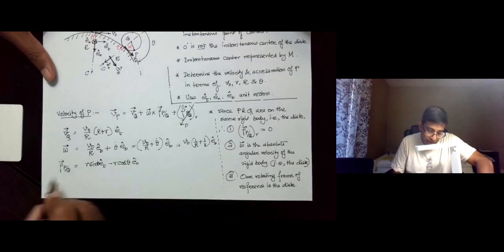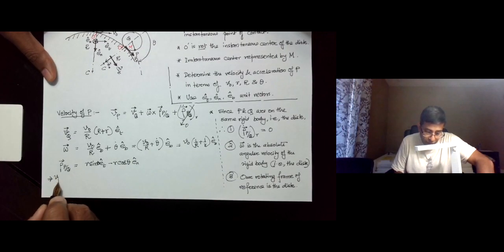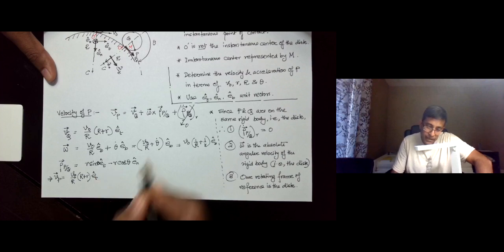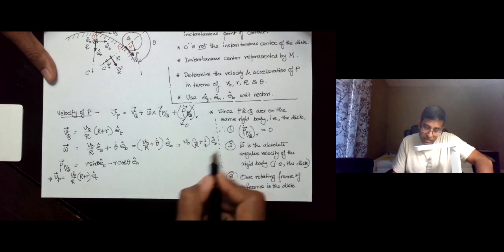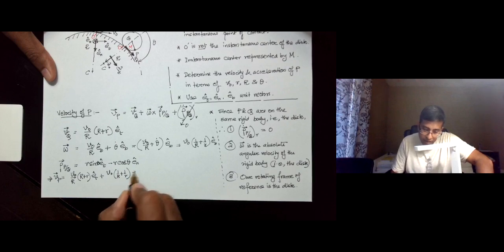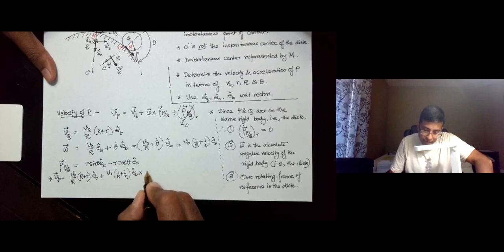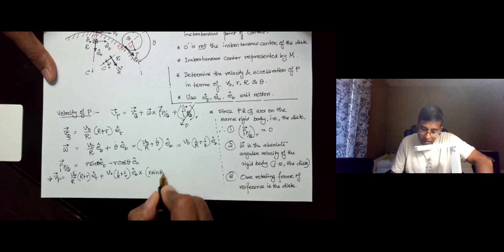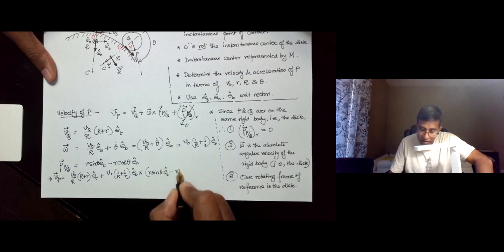So now we can just plug in and say that Vp is equal to Vq, so V naught divided by capital R times capital R plus small r et, plus omega, which is this term, cross this, so plus V naught times 1 over capital R plus 1 over small r EB cross r sine theta et minus r cosine theta en.